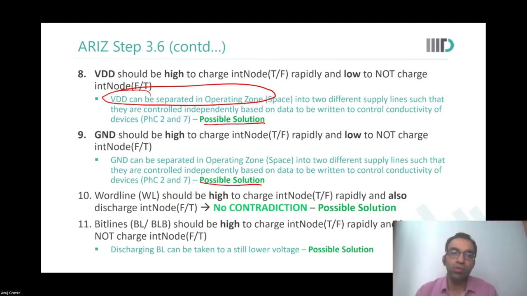We had shared the solution where we said that we would split the supply voltages for the int node F and int node T so that it could charge the int node F fast, but not discharge the int node T. You remember this solution? We had talked about it. You may not have realized it at that time, but that is a patent that we had filed. I will just show that slide to you again.